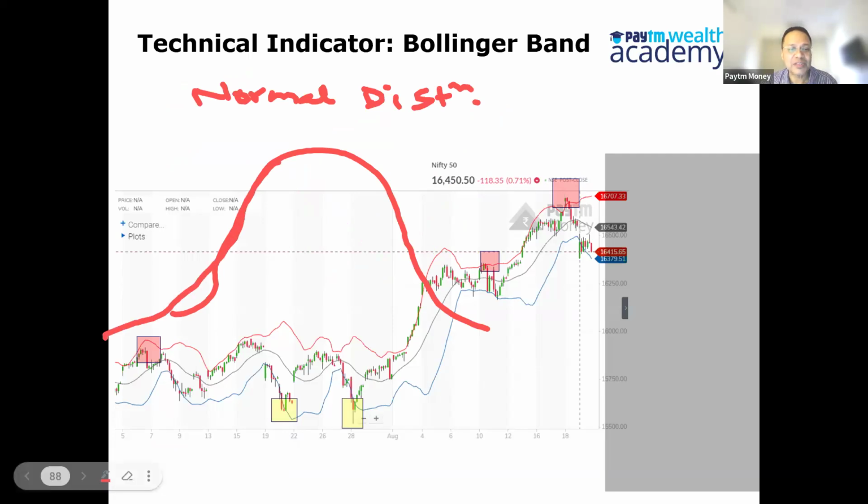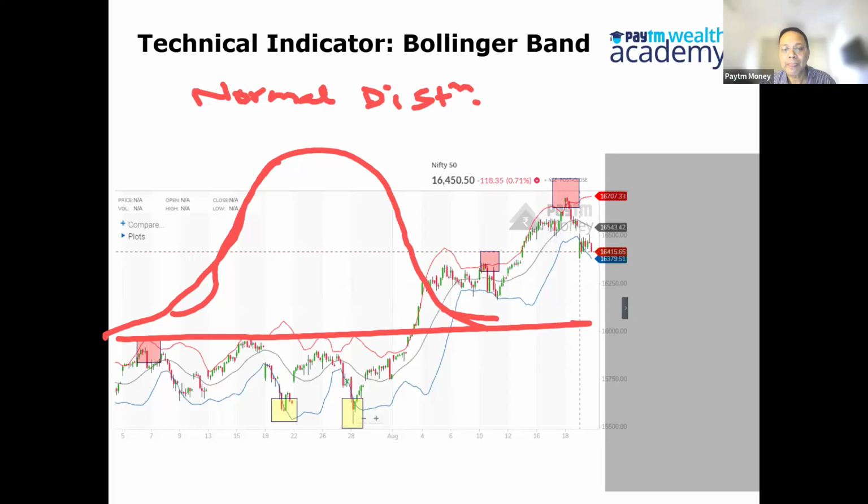This is how the bell curve looks. It may not be 100% correct while drawing. So, when you have got a set of data, you put the data in a graph. You get a fitting like this. This is called curve fitting. Okay. Now, let me give you an example.